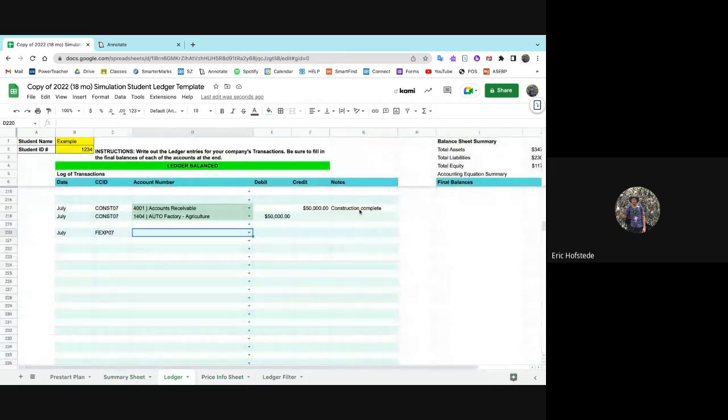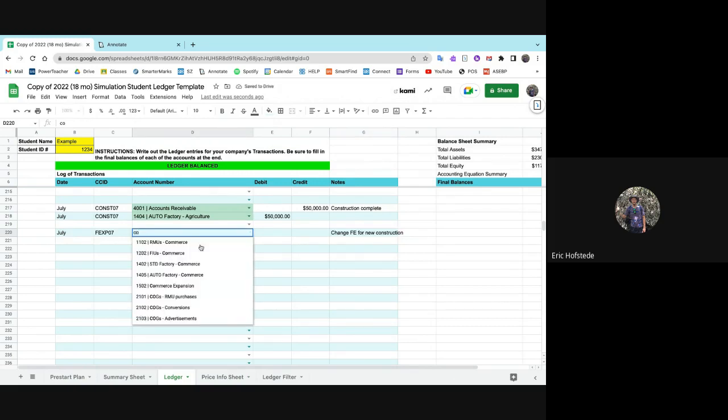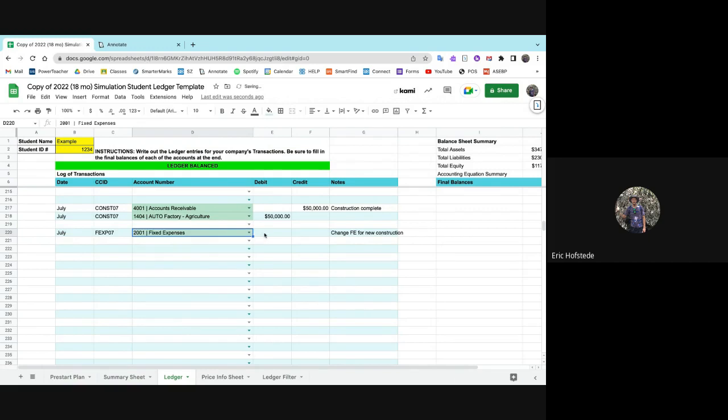Remember that every time your construction completes, you need to change fixed expenses for your new construction. So now pay my cost of goods for my fixed expense. And it's now up to 26,500.